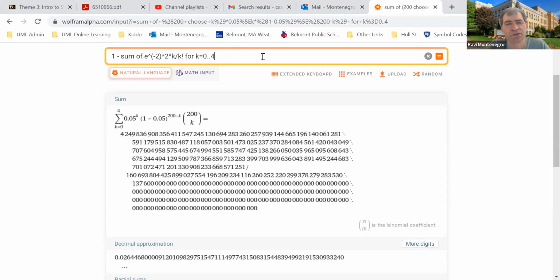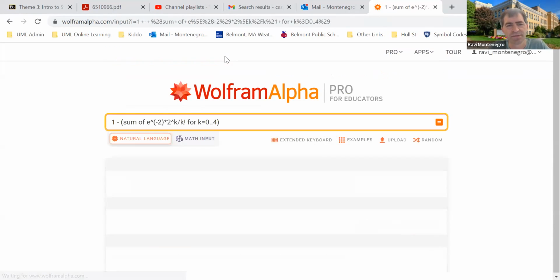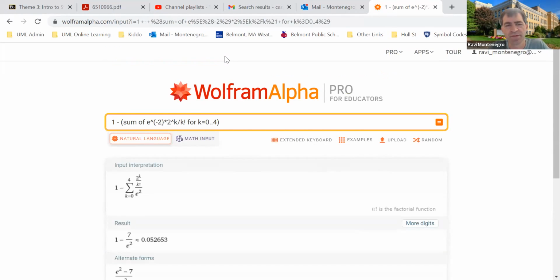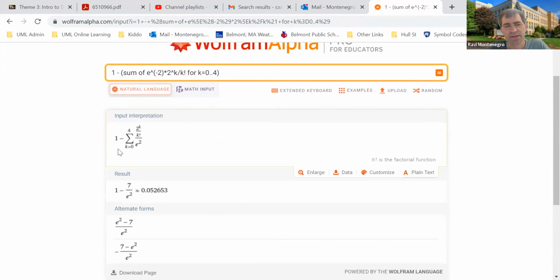Now I'm not sure whether the 4 part will directly apply to the sum or somehow apply to the 1 minus. So just to be safe, I'll stick some parentheses in there so that there's no confusion. I don't think there would be anyways, but it's always good to make sure. And they do give us a picture of what our math is. So that's another way to double check that you have the right sum.